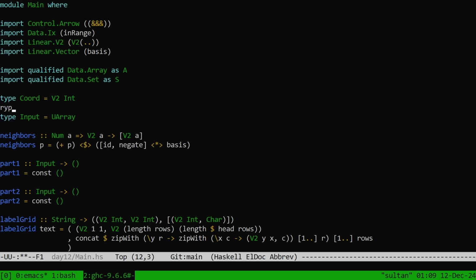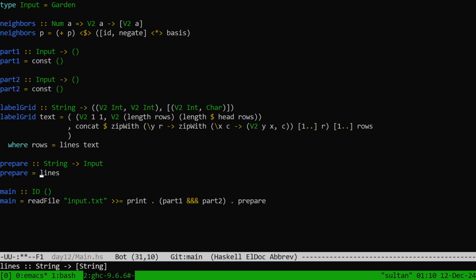Let's actually type garden as a U array of coord and char, I guess. So let's maybe define prepare here. Because I think prepare is basically just label grid and then make an array out of it, right?